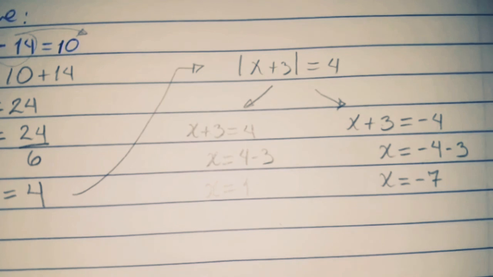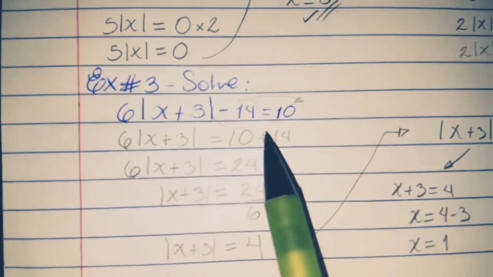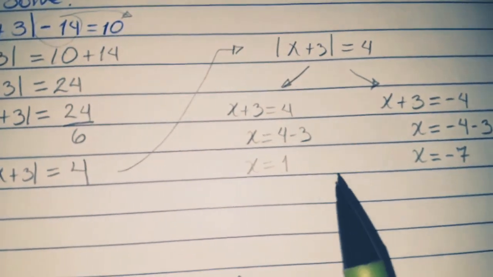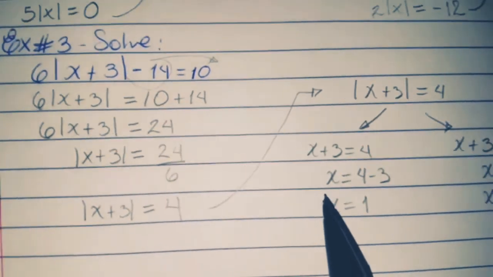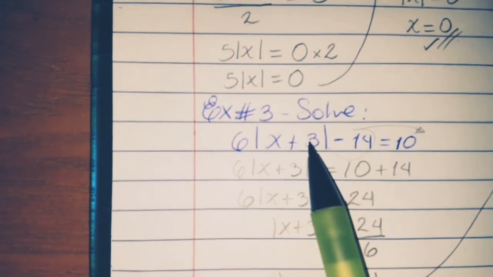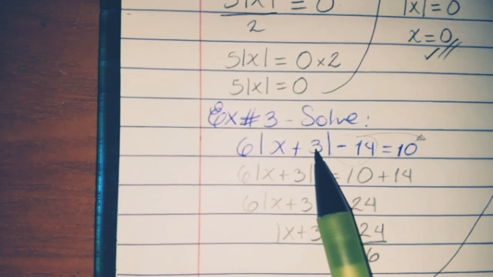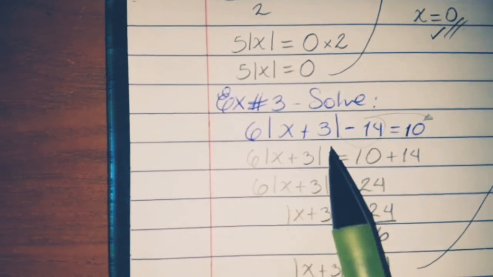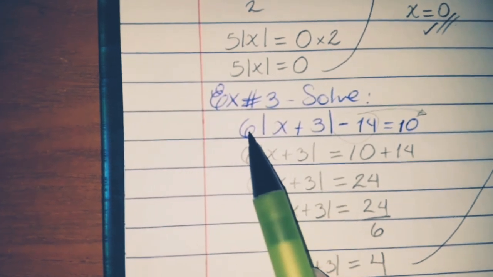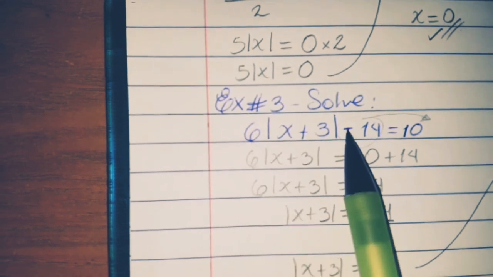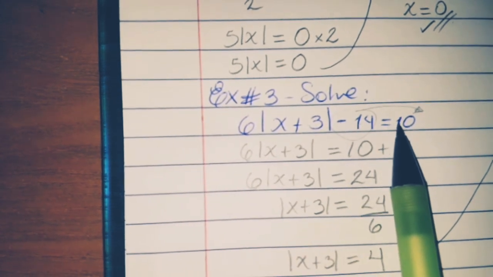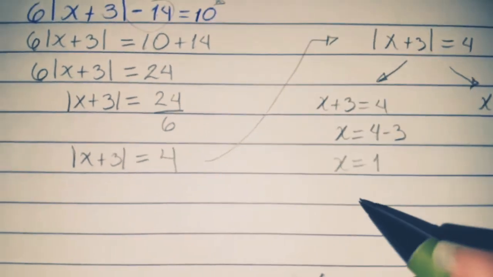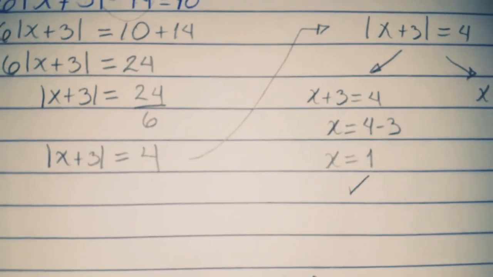So let's do a mental check on the original and see if we got it right. Let's do it with positive 1. 1 plus 3 is 4. Absolute value of 4, 4. Times 6, 24. 24 minus 14 equals positive 10. So the 1 is the first right answer.